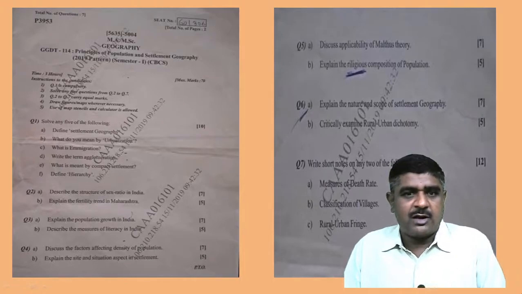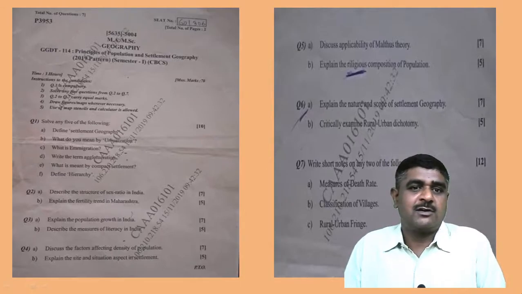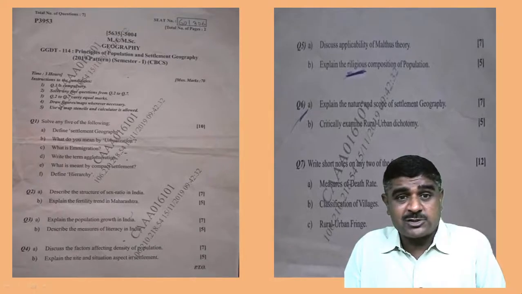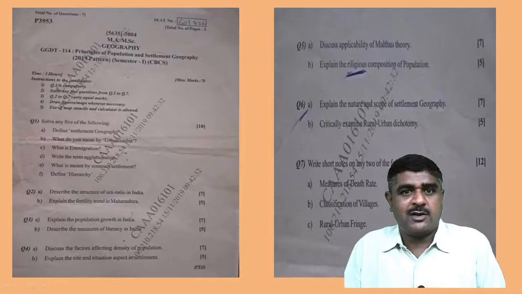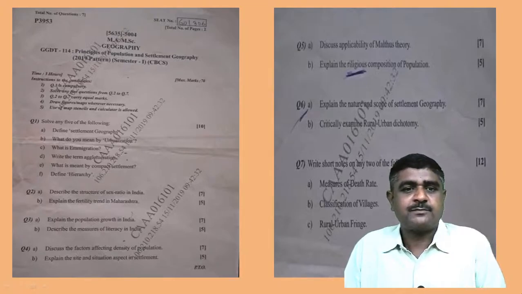Then it is my duty, when I give you information related to our course, to give information about the course question paper also. So I have taken here one slide of our question paper, Principles of Population and Settlement Geography. Already I mentioned you have a 70-30 pattern.